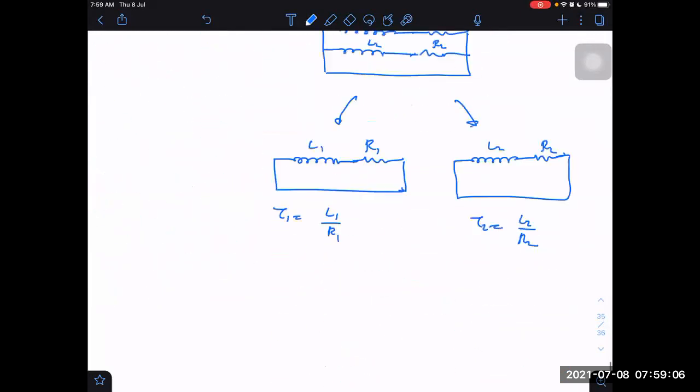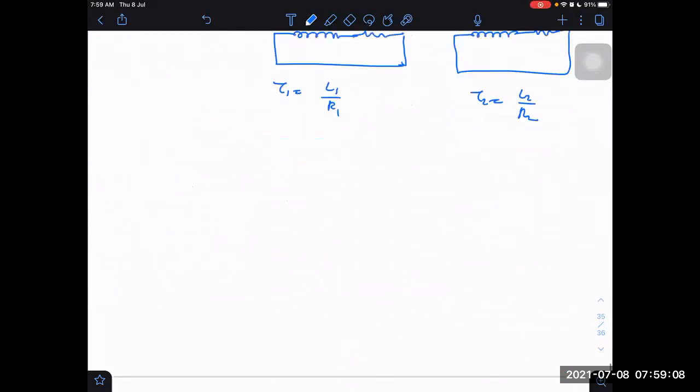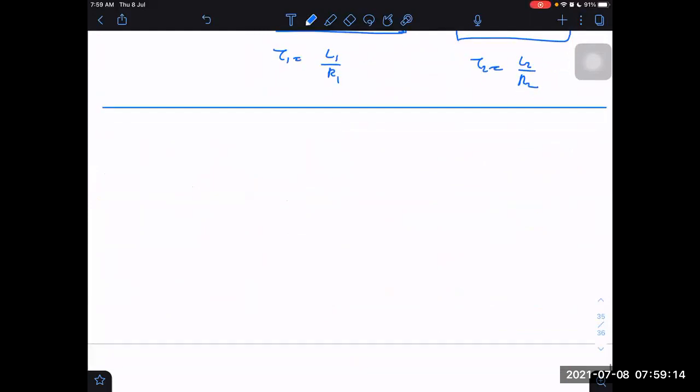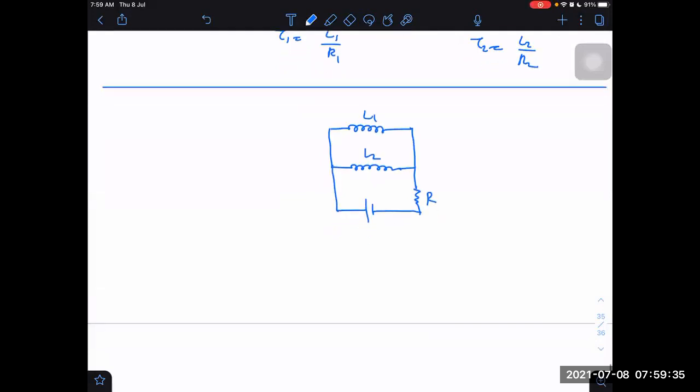Okay. All right. What about this example now? Two inductors in parallel, L1, L2, and then in series with some R. Can we get a time constant now?